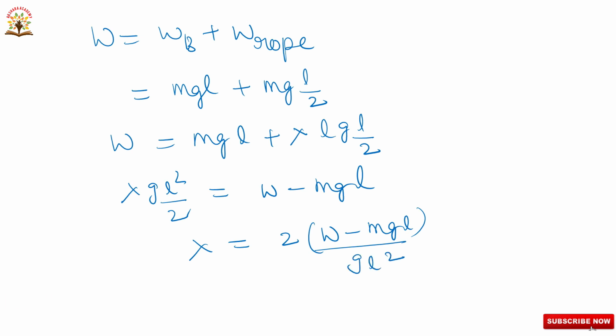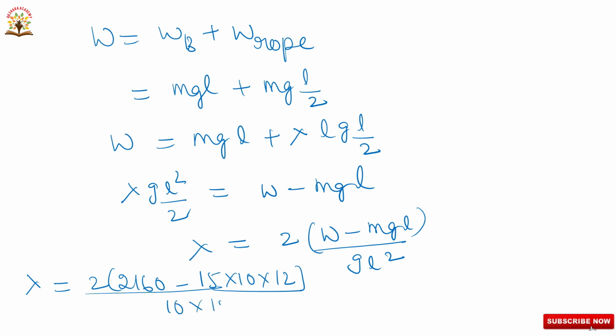Now substituting values, lambda is equal to 2 into, they have given the work done as 2160, minus 15 into 10 into 12, by g L square, 10 into 12 square. So here we are taking cancellation, 2 ones, 2 fives.